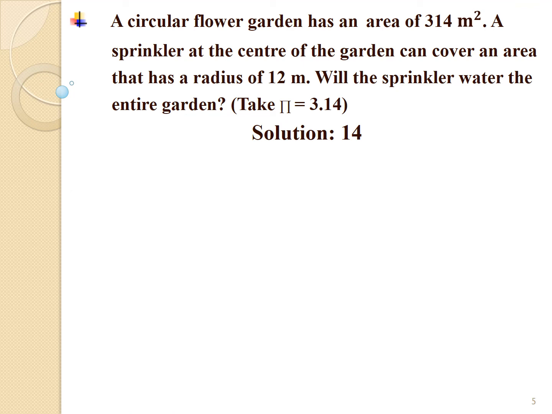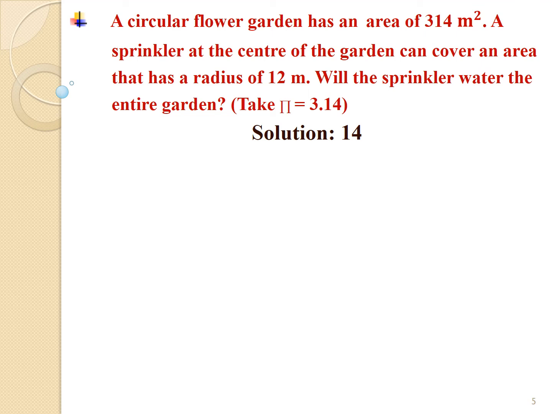Now, question number 14. A circular flower garden has an area of 314 square meters. A sprinkler at the center of the garden can cover an area that has a radius of 12 meters. Will the sprinkler water the entire garden? Take pi equals 3.14.